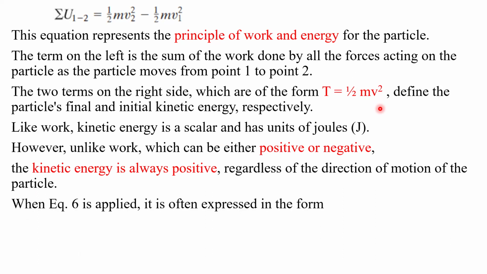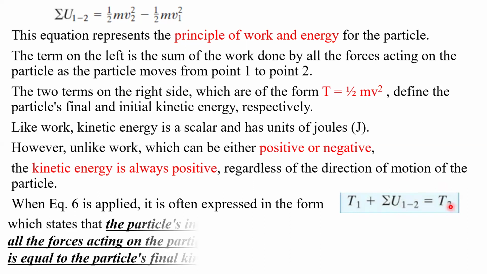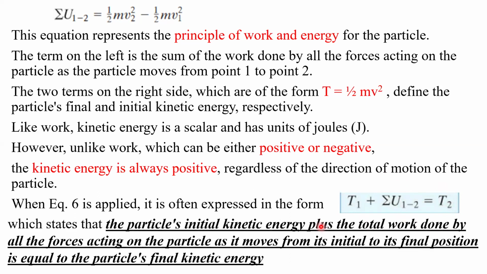When equation 6 is applied, it is often expressed in the form T1 plus the work done is equal to T2, which states that the particle's initial kinetic energy plus the total work done by all the forces acting on the particle as it moves from its initial position to its final position is equal to the particle's final kinetic energy.